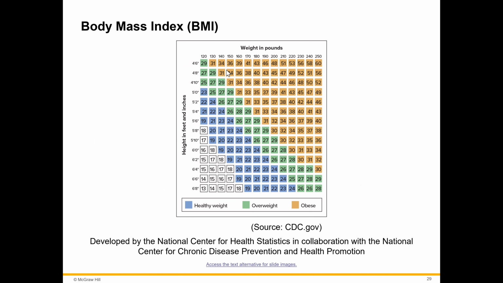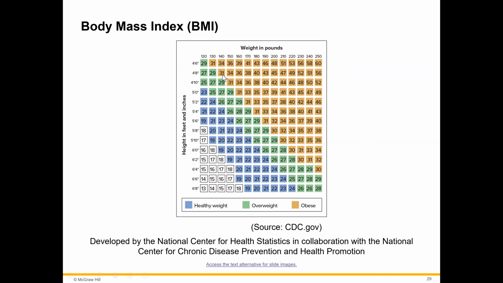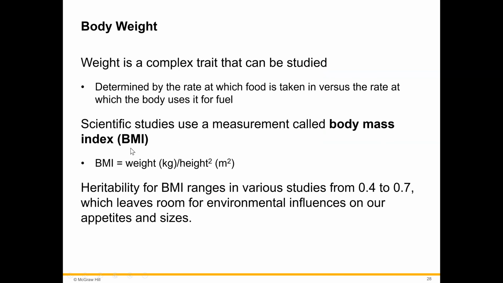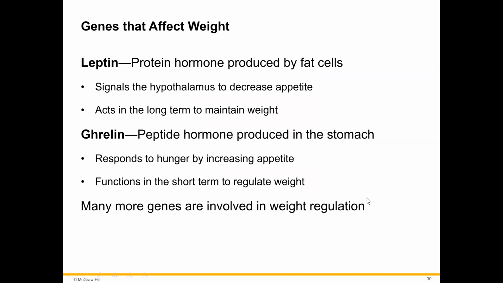Remember how we calculated: we take weight and divide it by height squared. You can pause the video, find your height and your weight, and use this formula, weight divided by height squared, but don't forget to use kilograms and meters, and you will see if you're a healthy weight, overweight, or obese, right?